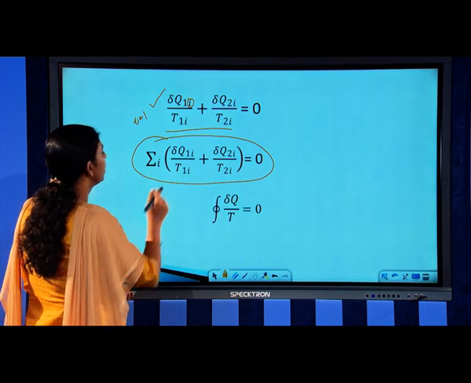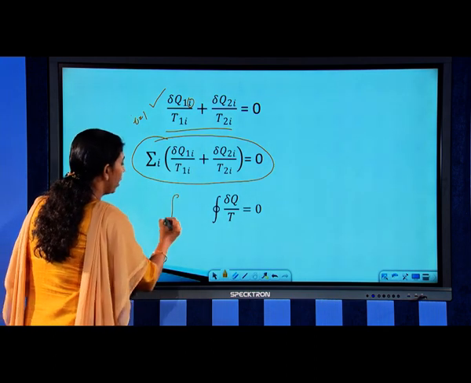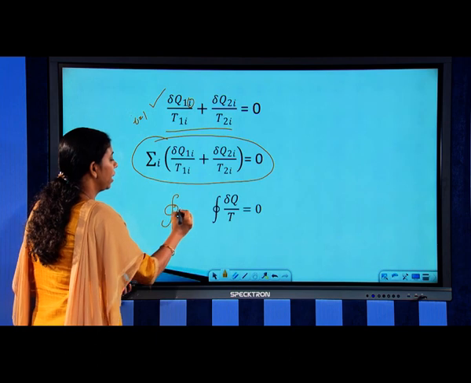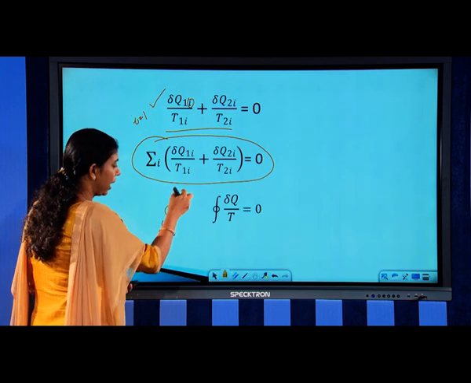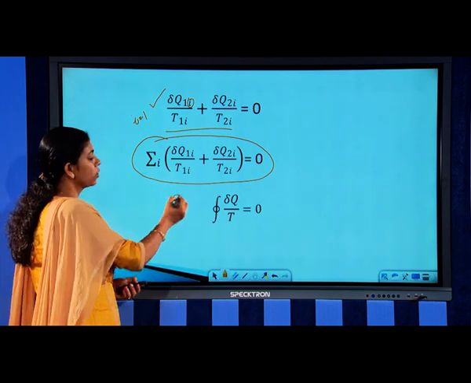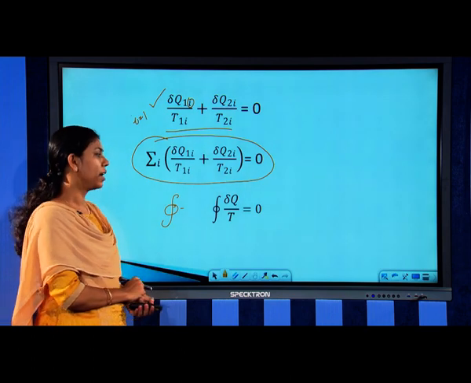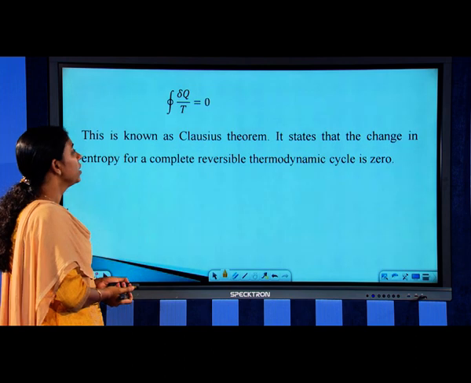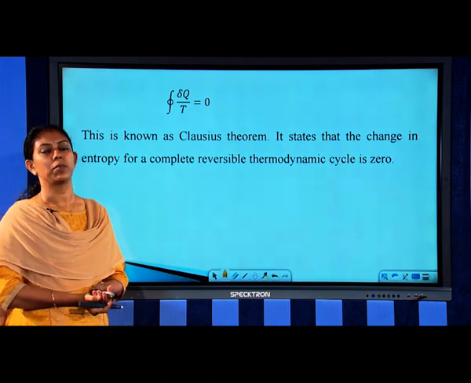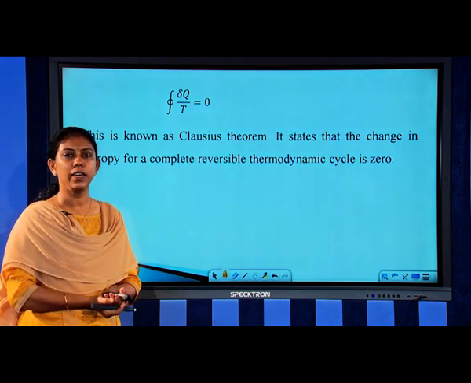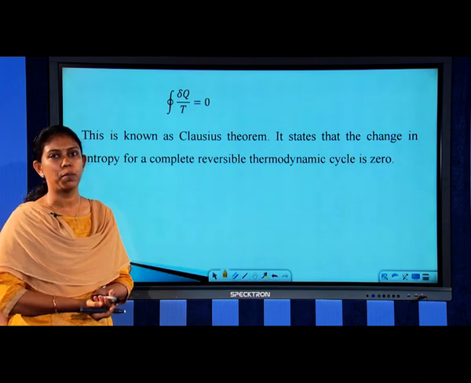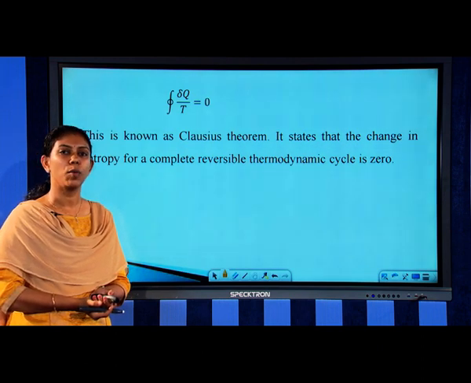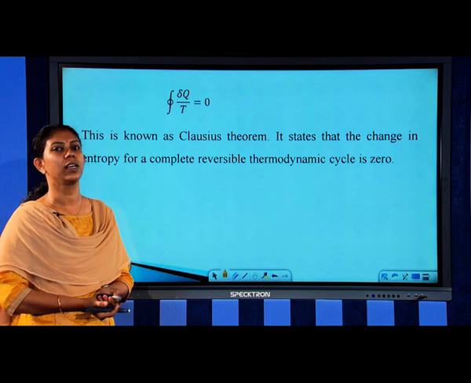Then this becomes 0, so that for any reversible cycle, it can be written as a closed integral: the closed integral of delta Q by T is equal to 0. This is known as Clausius theorem. It states that the change in entropy for a complete reversible thermodynamic cycle is 0.